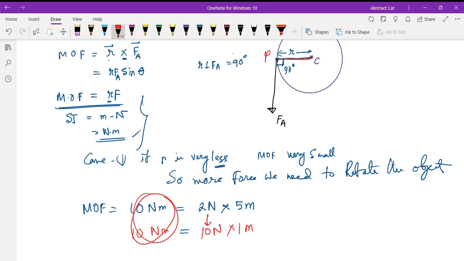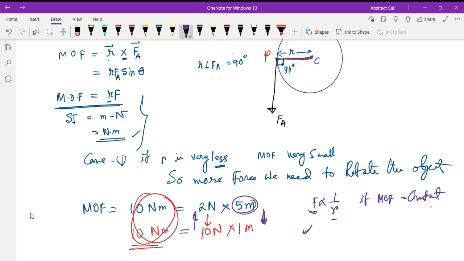So if the radius is less, we need a maximum force to rotate the body. That's very important. So here we say the force is inversely proportional to r if the moment of force is constant. If we apply more force, then less r is needed. If less r, more force is needed. Okay, and here's case number 2.